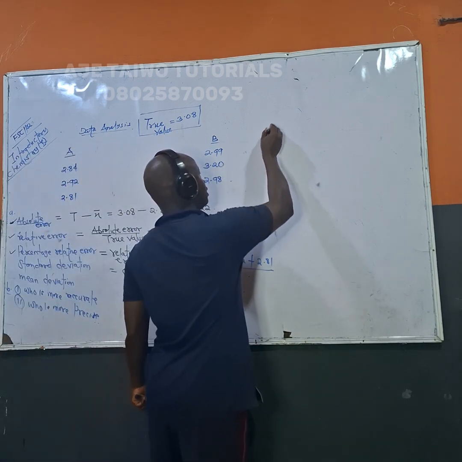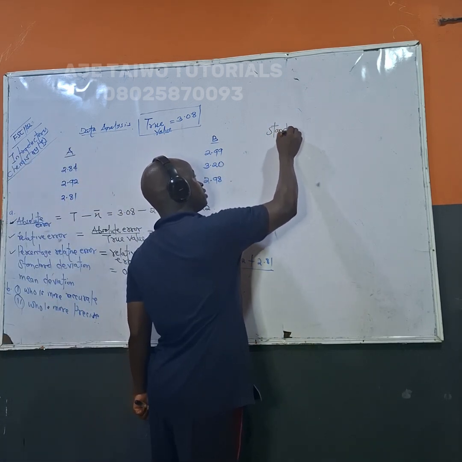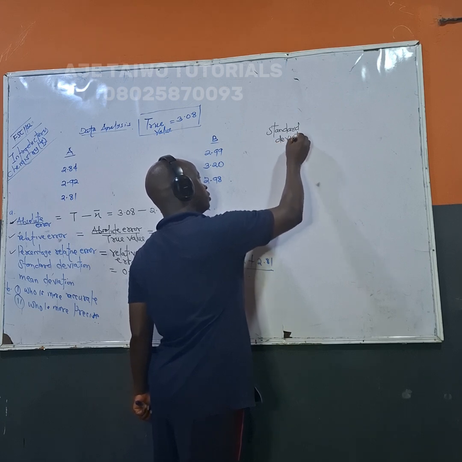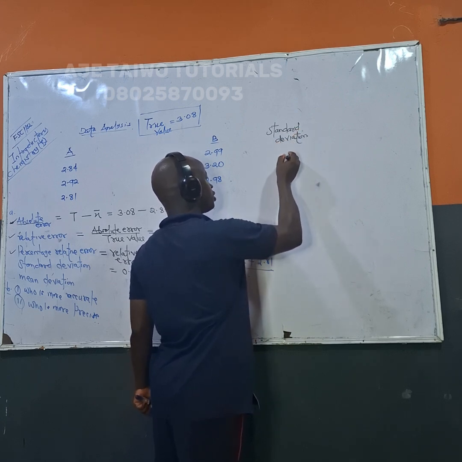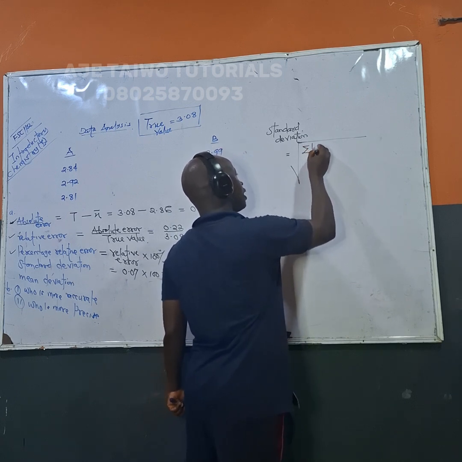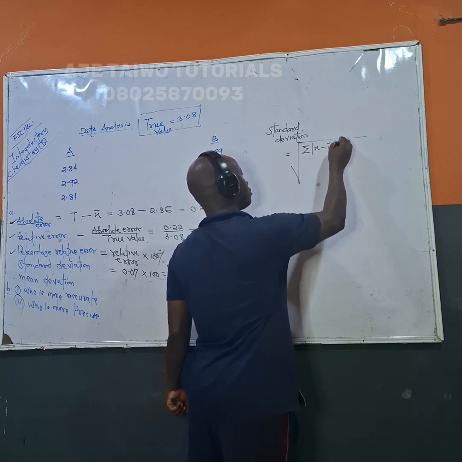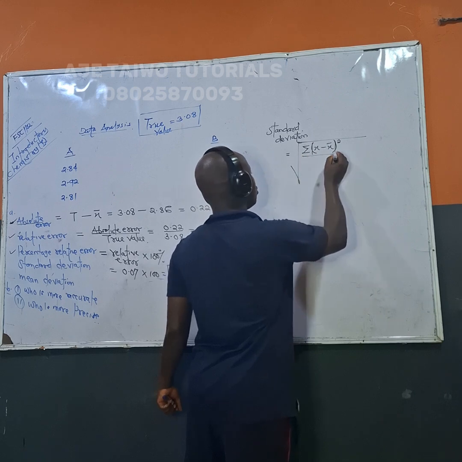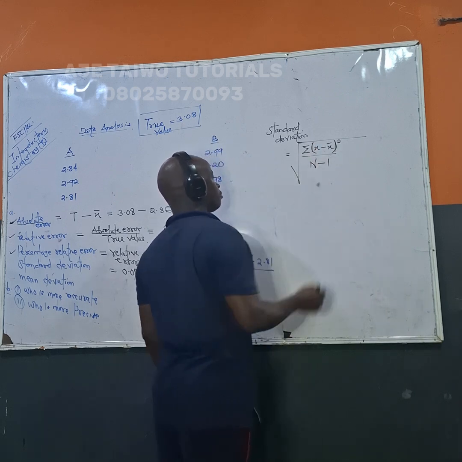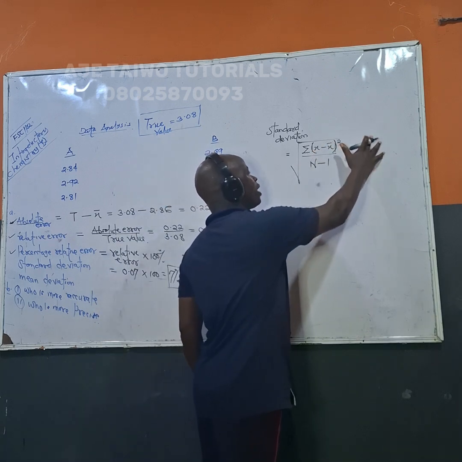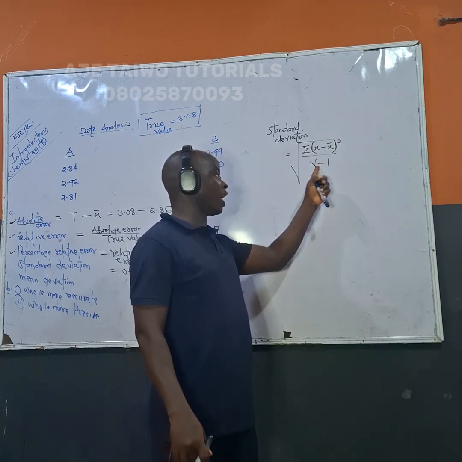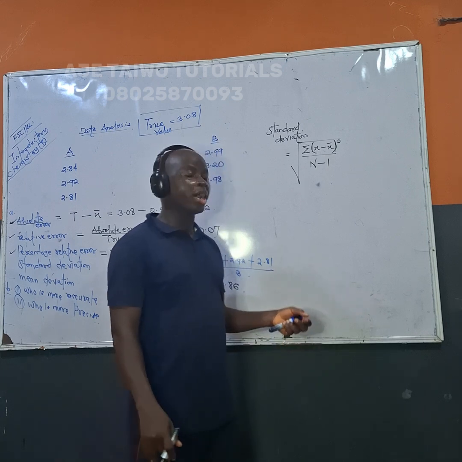Let's get standard deviation. The standard deviation is what? The square root of summation x minus x bar all squared all over n minus 1. Why is it n minus 1 and not n only?